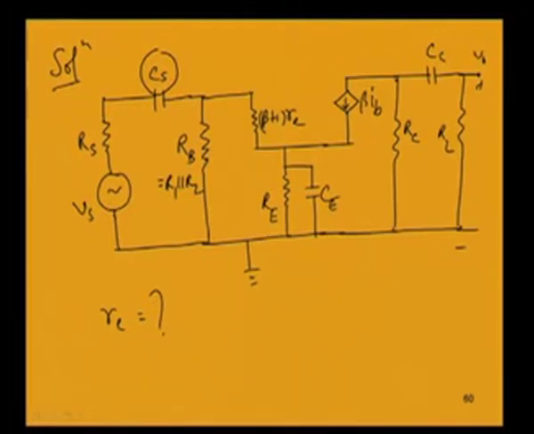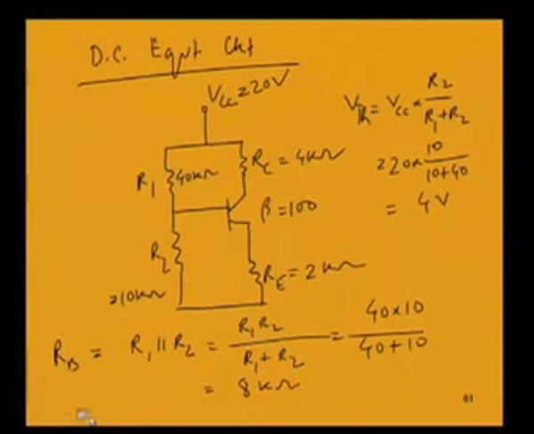So, in the mid band region, that is when we ignore the capacitance effects, we have to find out that R in, the input resistance. So that R in mid band is equal to Rb parallel beta plus 1 Re.